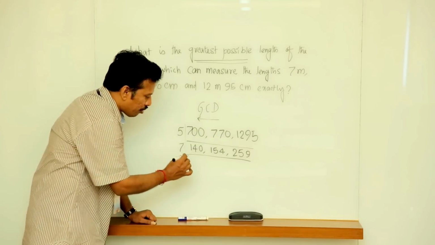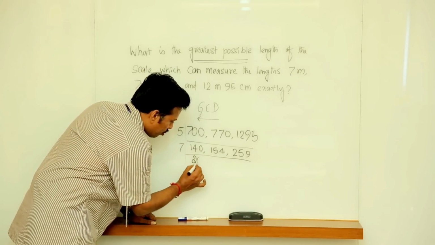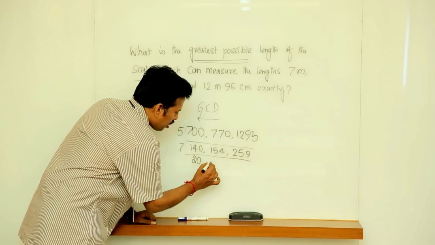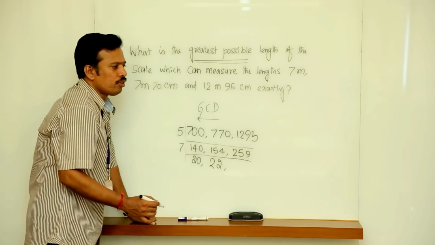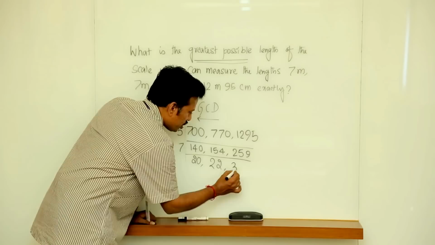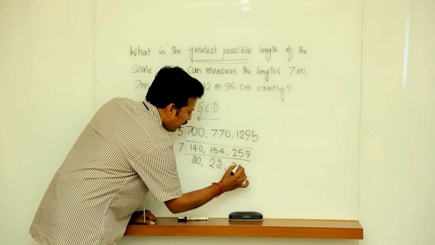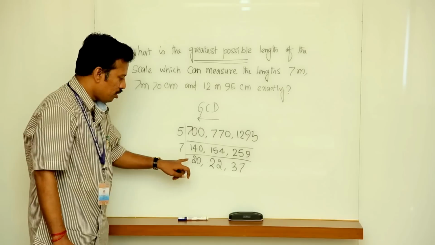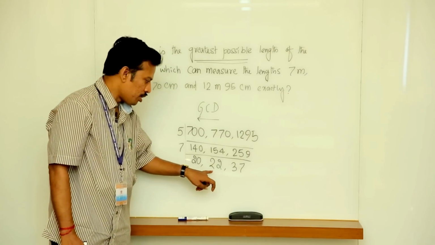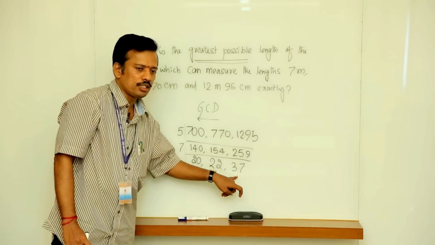When you remove 7, 140 is divisible by 7, 20 times. Then 154 is 2 into 7, 14, then again 22 times. 259 is divisible by 7, 37 times. So it is divisible by 7: 20 times, 22 times, then 37 times.